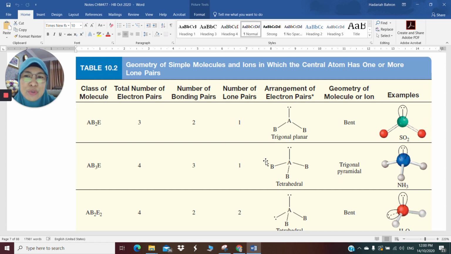Now remember, lone pairs are electrons or a pair of electrons that do not get attached to another atom. That way, that is an invisible entity. You cannot see it.